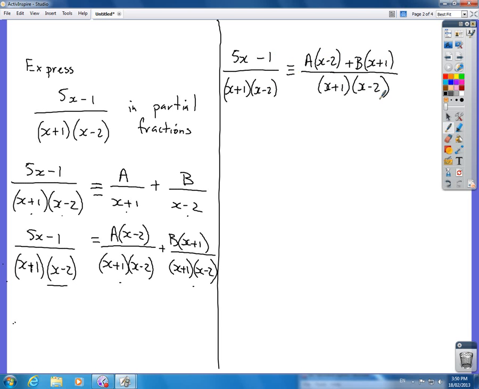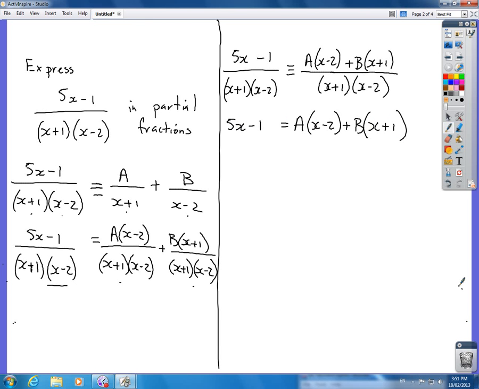So you notice that the new denominators are exactly the same. Well, that means if the fractions are exactly equal to each other, then 5x - 1 equals A(x - 2) + B(x + 1). All we have to do now is find the values of A and B that make that true.